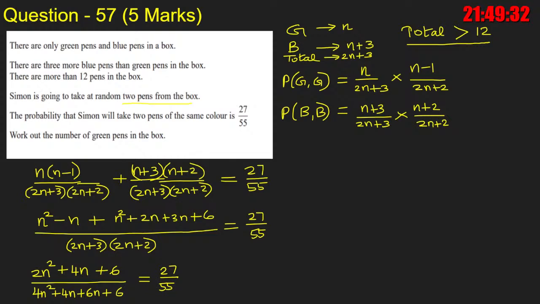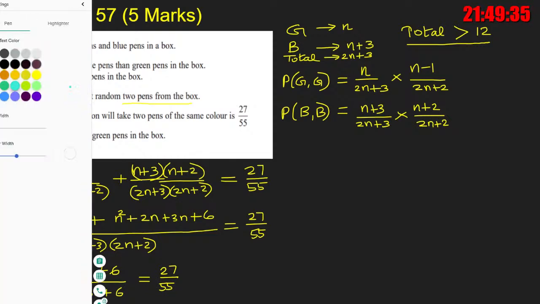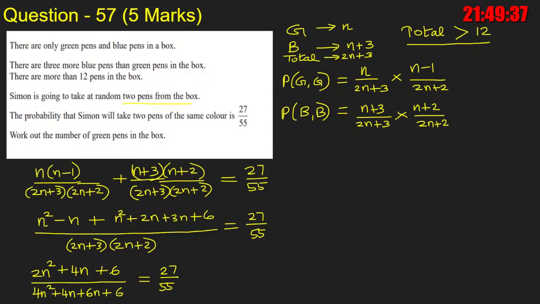So here, let me change the color. Make sure that you follow my steps. So the 55 is going to cross multiply the 2n squared plus 4n plus 6, and 27 is going to multiply the 4n squared plus 10n plus 6. Right, now what we are going to do is expand the brackets.